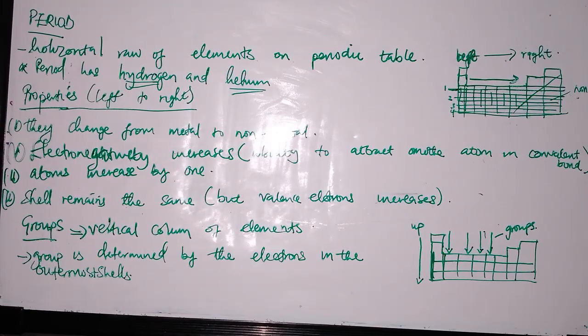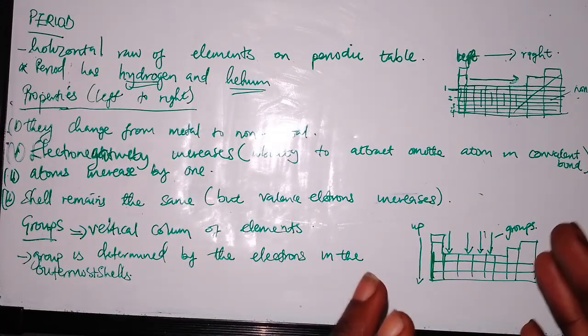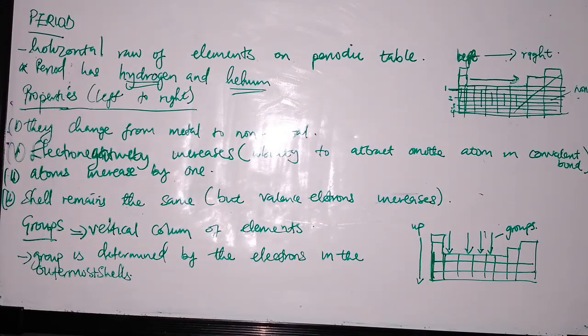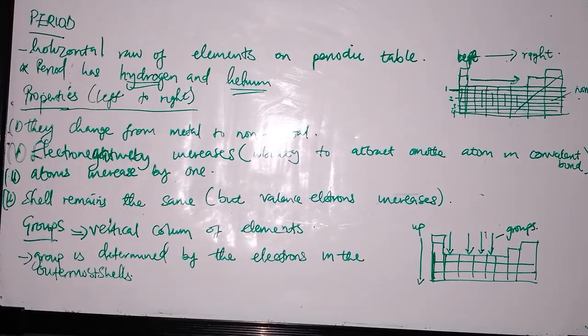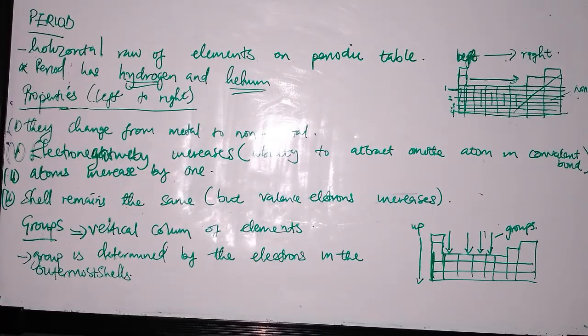If we have 1, the element is in group 1. If you have 2, the element is in group 2. If we have 3, the element is in group 3. Yeah. Now you need to understand about special names.